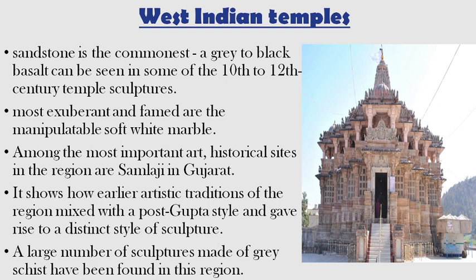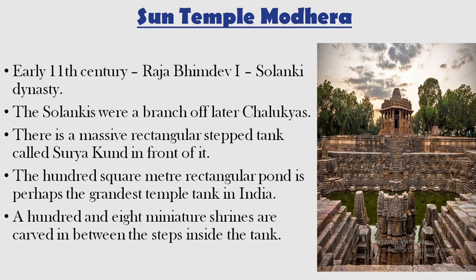A large number of sculptures made of grey schist have been found in this region. The first temple here is the Sun Temple of Modhera. It dates back to the early 11th century and was built by Raja Bhimdev I of the Solanki dynasty. The Solankis were a branch of the later Chalukyas.